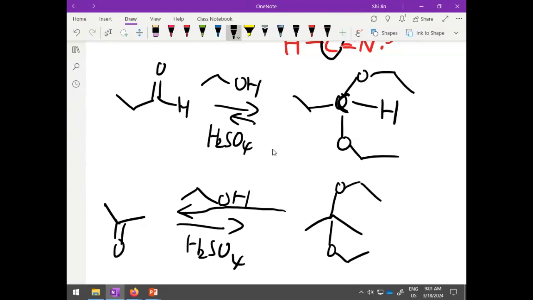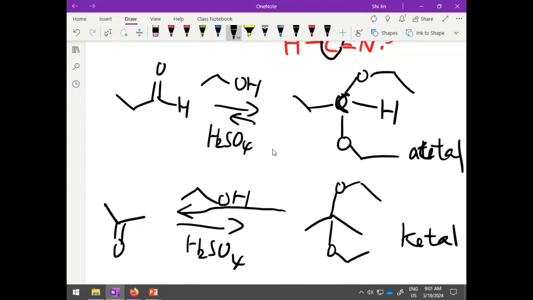so if you look at for ketones, in the acetal, the ketal side, this is called ketal. This is called acetal. This is acetal, okay. This is ketal.